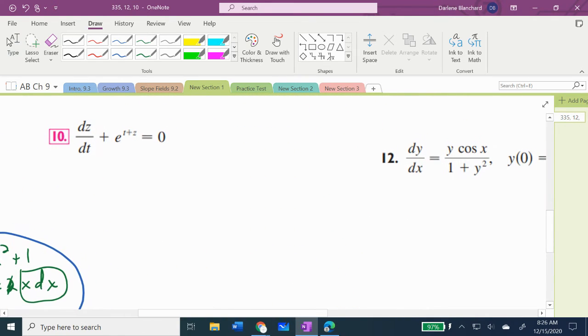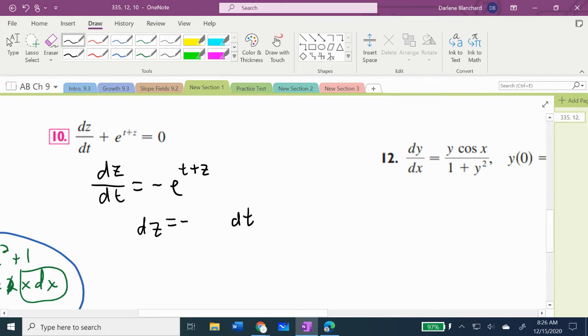Number 10. In order to solve number 10, first I need to subtract over to the other side e to the t plus z. Now I can multiply both sides by dt, but I have to separate t and z through multiplication.